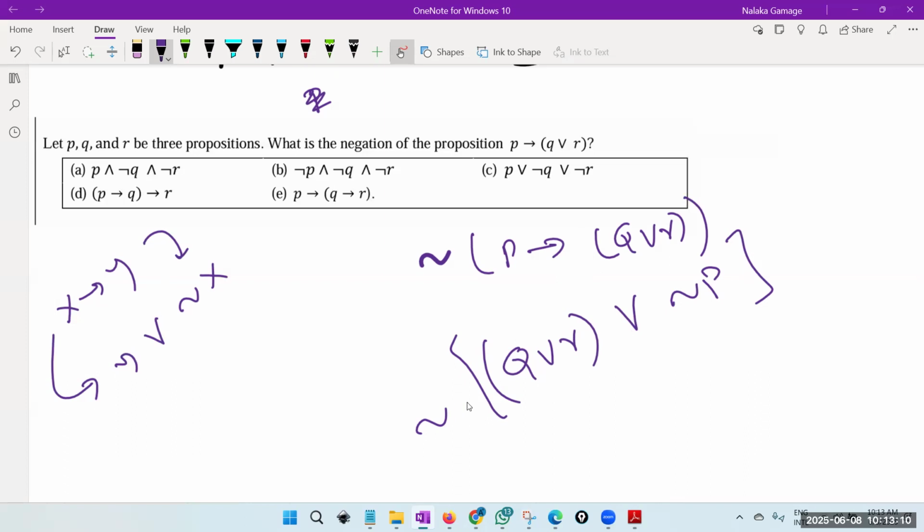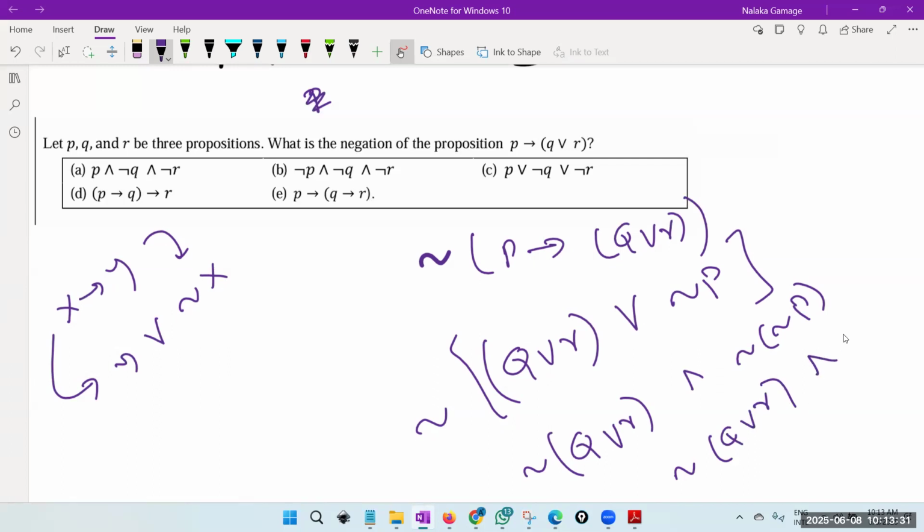Not of (X or Y) is not X and not Y. So this I can write as not (Q or R) and not of not P. That is the De Morgan rule. And not of not P is P. That is not (Q or R) and P. Or this I can write as not (Q or R) is not Q and not R, De Morgan rule again.